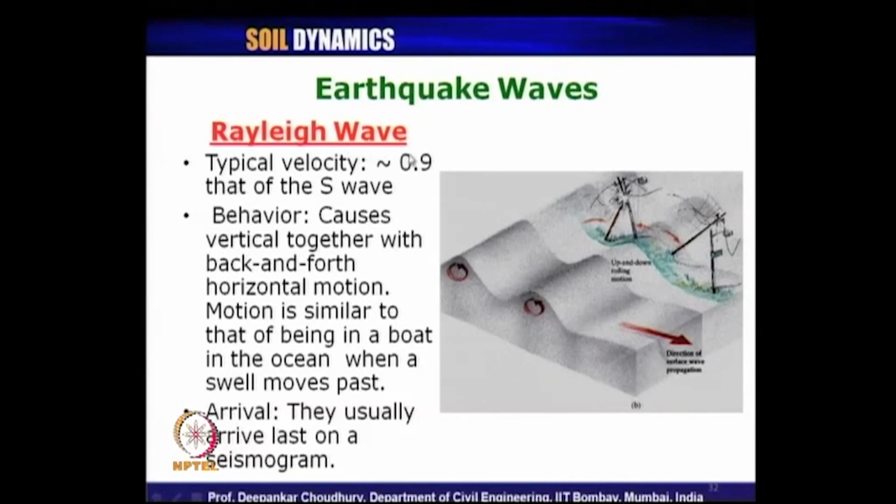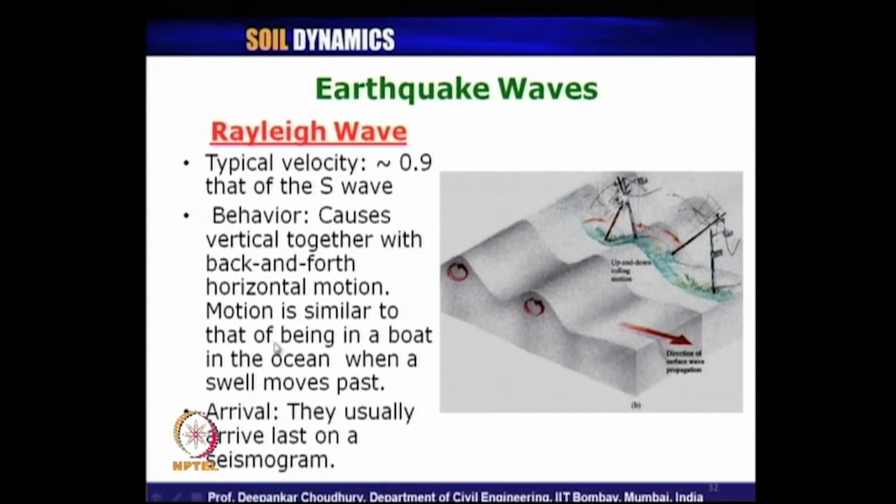So, coming to the sub classification of surface wave, what we have seen, Rayleigh wave, their typical velocity is about 0.9 times of shear wave, that we have seen through the expressions of relation between Rayleigh wave and shear wave, that is a function of only the Poisson's ratio, right. In the previous day's lecture I have mentioned that, and today also in recap I have mentioned. So, we have seen Rayleigh wave velocity is about 90% of the shear wave velocity. Its behavior is they cause vertical together with back and forth horizontal motion.